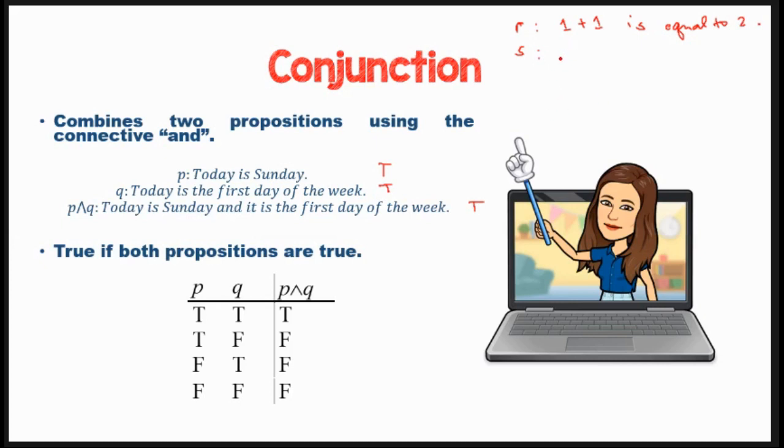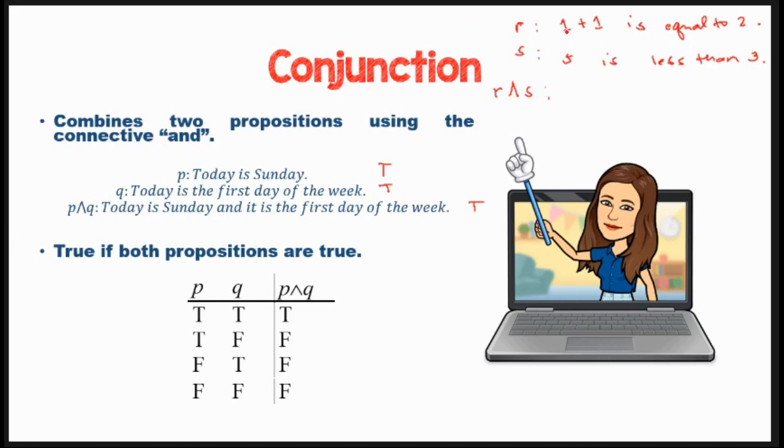And then S: 5 is less than 3. Okay. So, if we have R and S, hindi ko na isusulat ha, 1 plus 1 is equal to 2 and 5 is less than 3. What will be the truth value of this compound proposition?